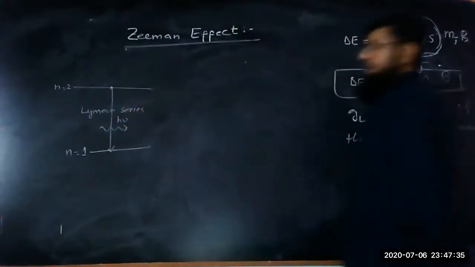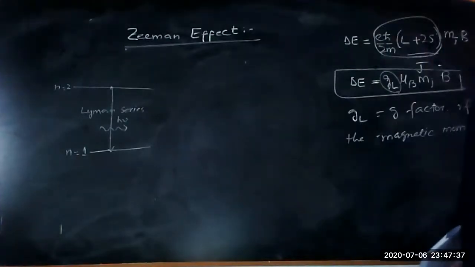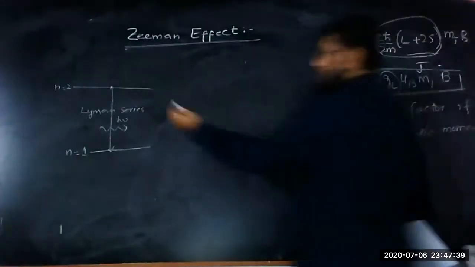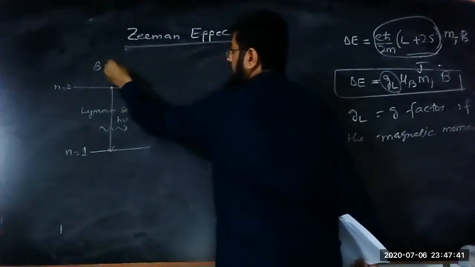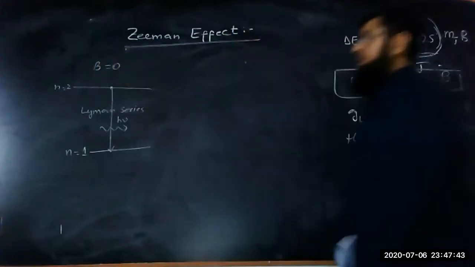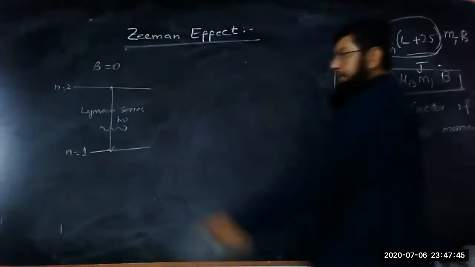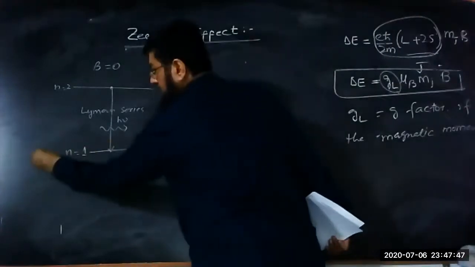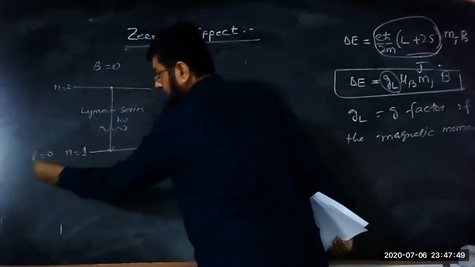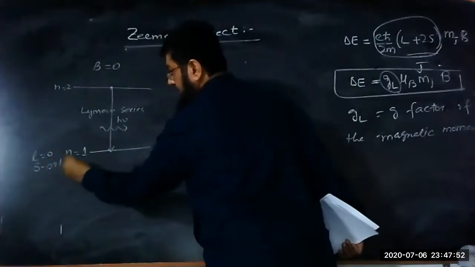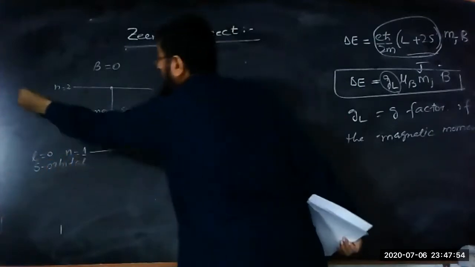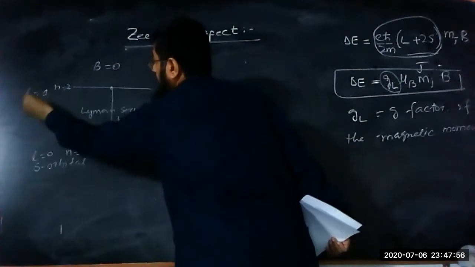This is called the Lyman series. This is when there is no magnetic field, B equal to 0. This is n equal to 1 with l equal to 0, which we call an s orbital. This is l equal to 1, which we call a p orbital.